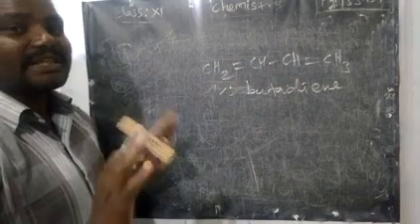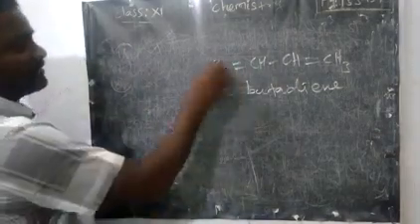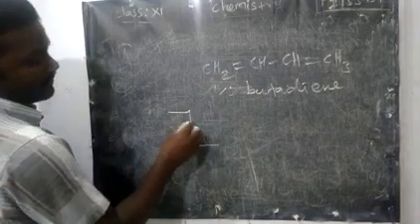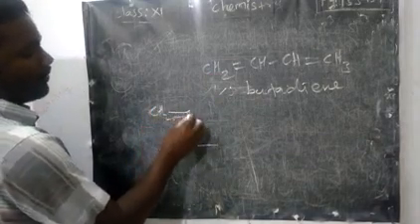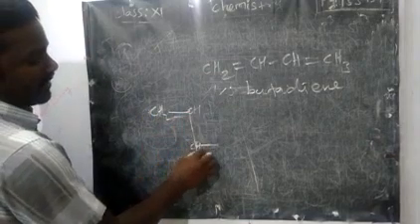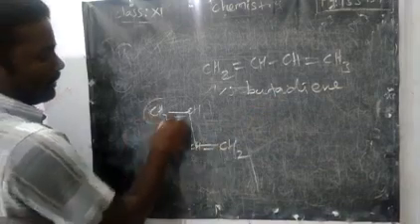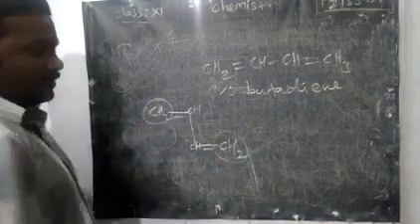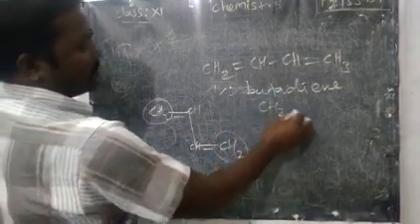Usually cis-trans isomerism is possible with restricted double bond rotation. Here we can write CH2 double bond CH double bond CH2. Now if the bulky group is opposite, we can say trans.